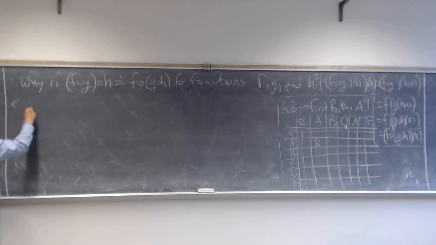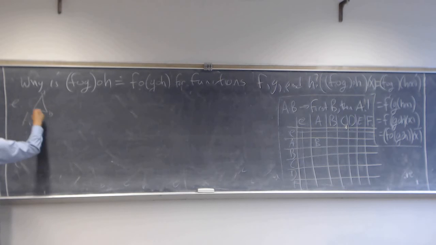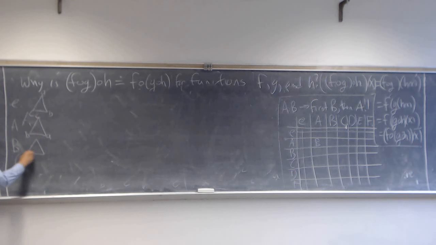So E, we can think about as being A, B, C. A would be A, B, C. B, so I'm just copying over what I've written there. A, B, C like that.